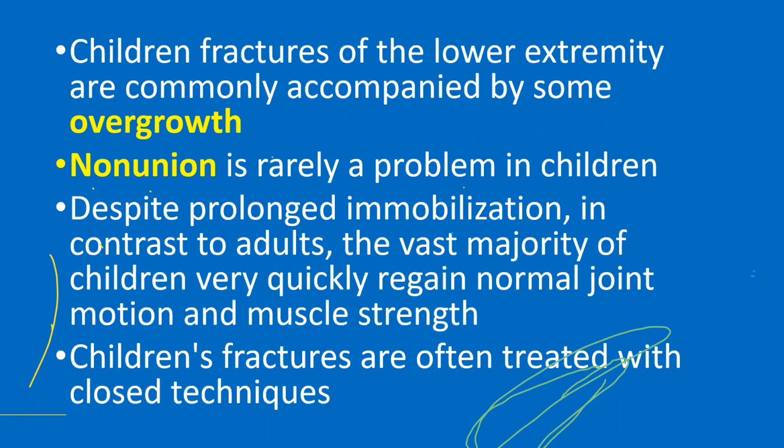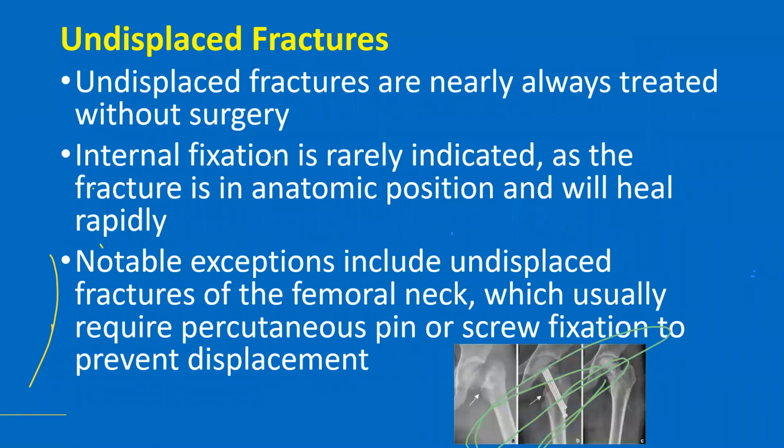Children's fractures are often treated with closed techniques. Undisplaced fractures are nearly always treated without surgery. Internal fixation is rarely indicated as the fracture is in anatomic position and will heal rapidly.